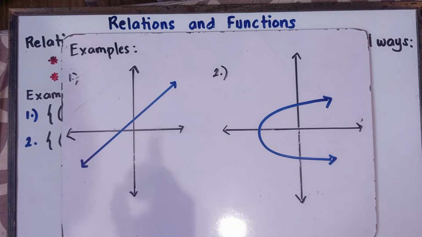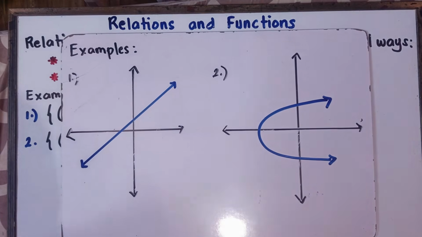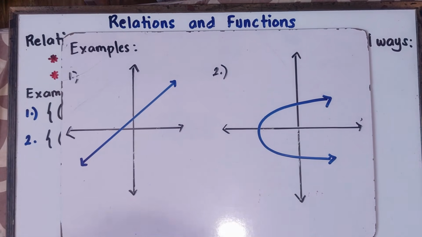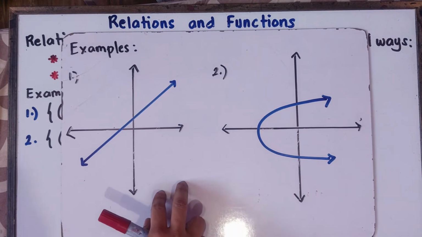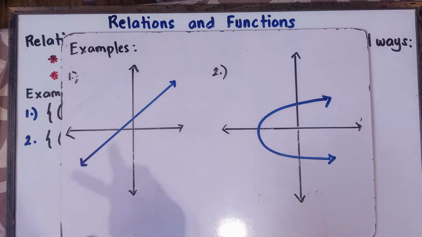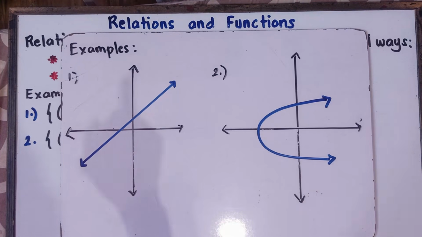So let's have example number 1 for you to really understand this. You have this graph and the teacher will ask you, is this a function or not? Very easy, just simply draw a vertical line test. If there's only one point that lies on the vertical line, therefore it will be a function.